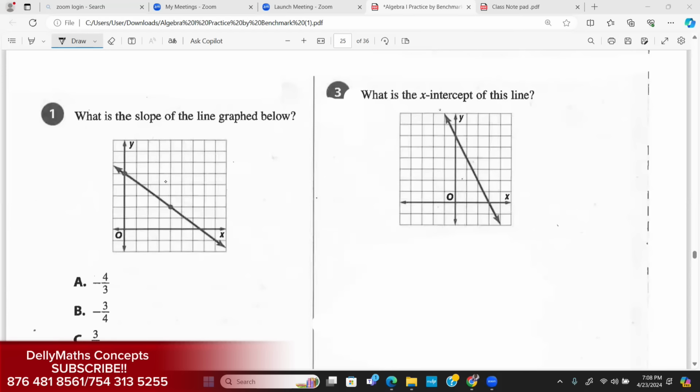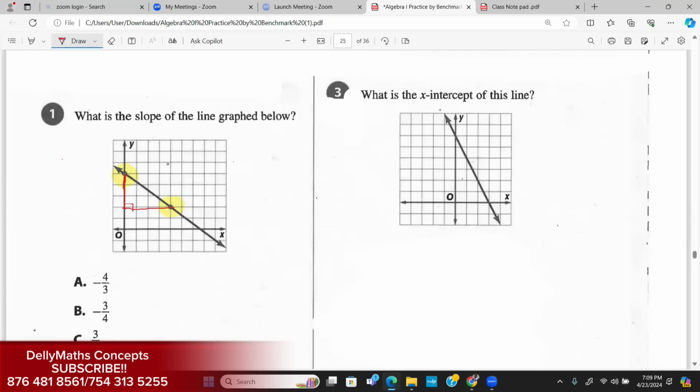Number one says, what is the slope of the line graphed below? If I'm going to find the slope of this line that was graphed, all I want to do is identify 2 points where I'm able to create a right triangle, where I can tell the length of each side that I create.